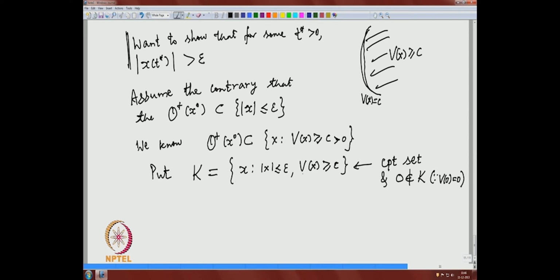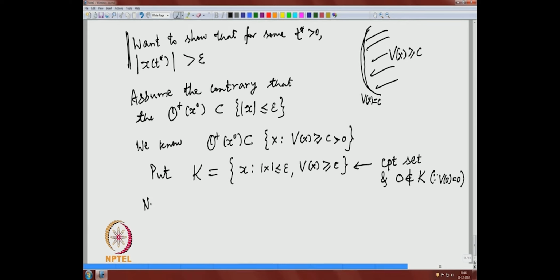Now you recall that hypothesis, the second hypothesis, that grad V dot f be positive definite in the entire omega is not required. I am just applying it only to this set.